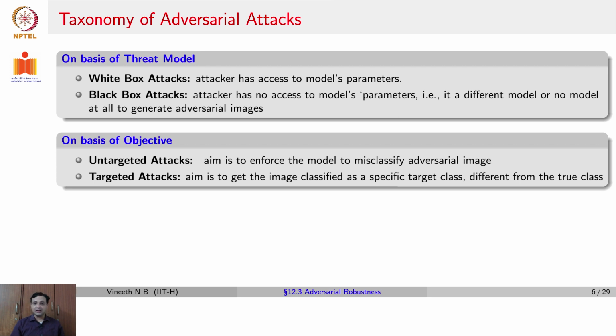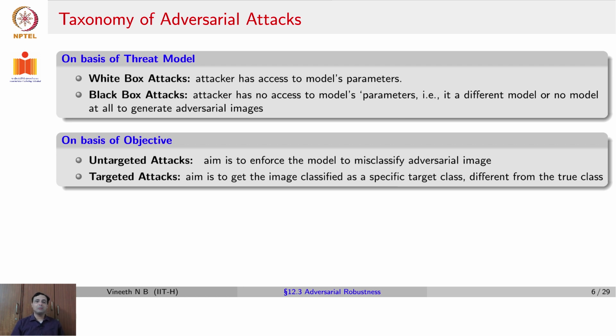So in an untargeted attack, if you had an image of a cat, originally called a cat, you want to add a perturbation that ensures that the model no longer calls it a cat. In a targeted attack, the attacker now wants to add a perturbation to ensure that the cat is now called a dog, for instance. It could be any other target label, but you want a specific target label.